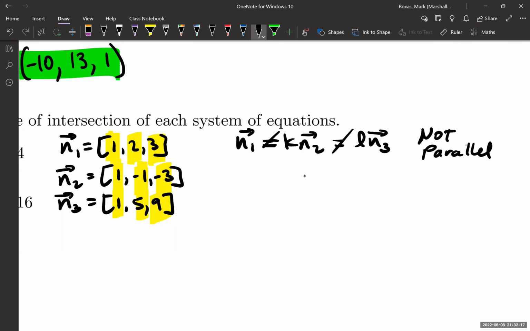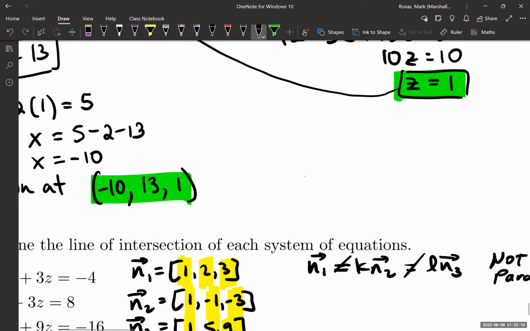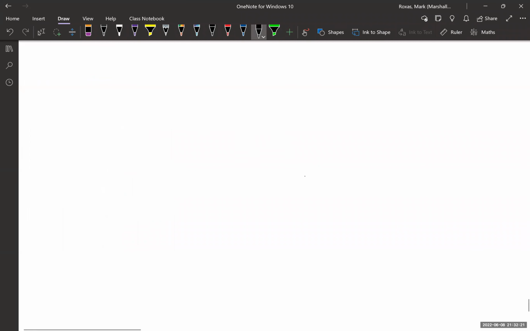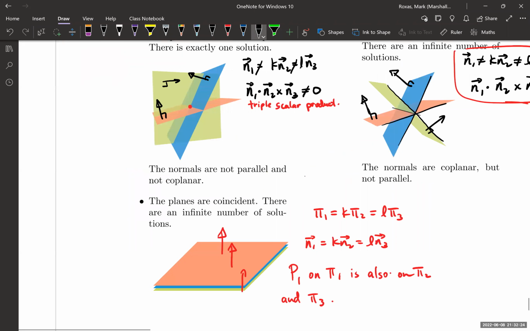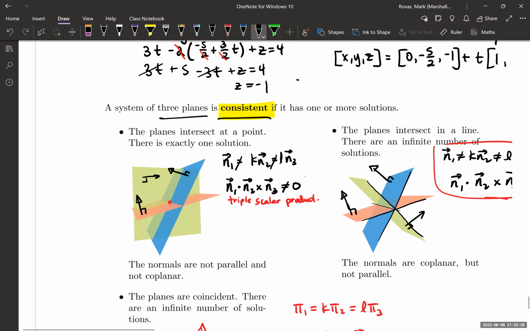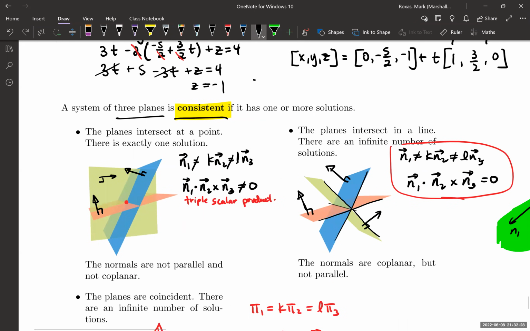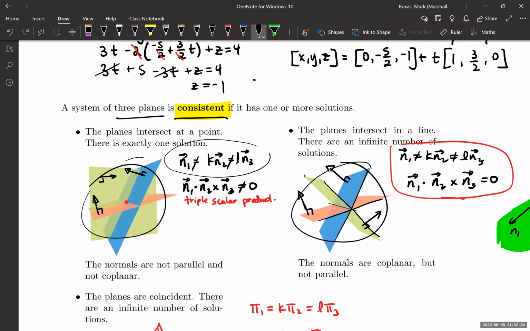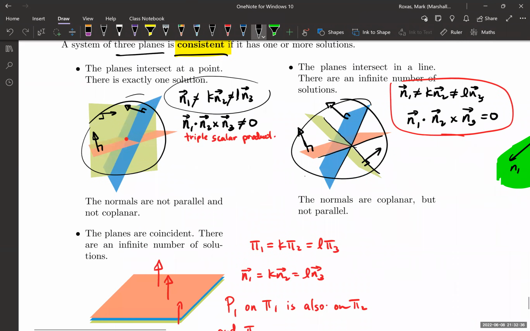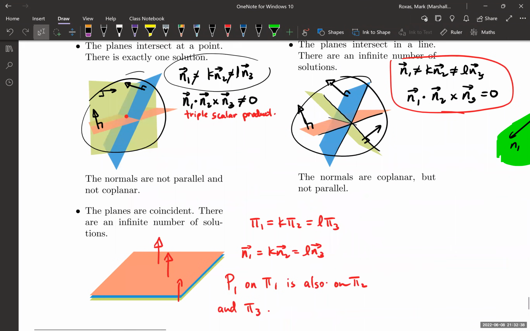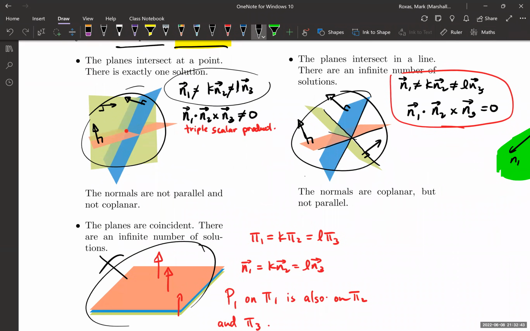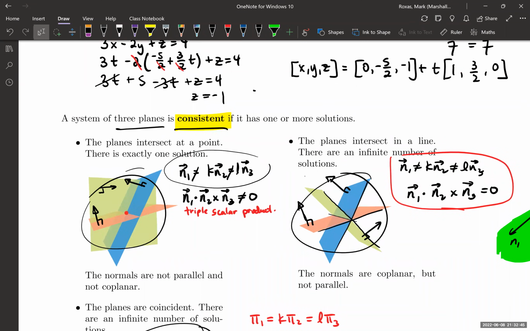So what does that mean again? Think about the diagrams. If they're not parallel, you could have them intersect at a point, or maybe they intersect at a line. But definitely they're not coincident, so that's out of the picture. You only have these two scenarios. Now, how do you determine which one of these two scenarios?